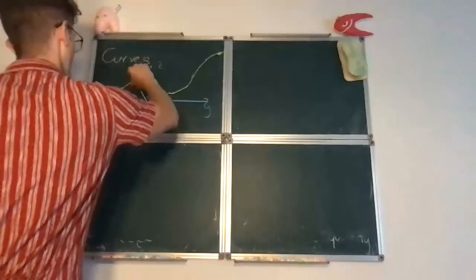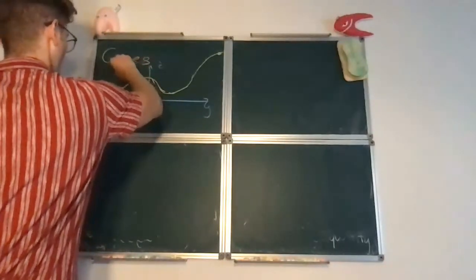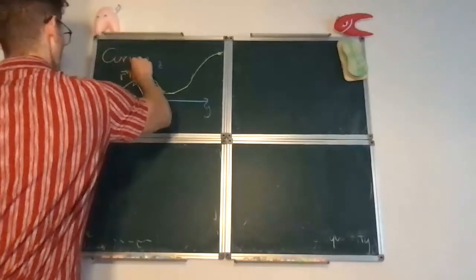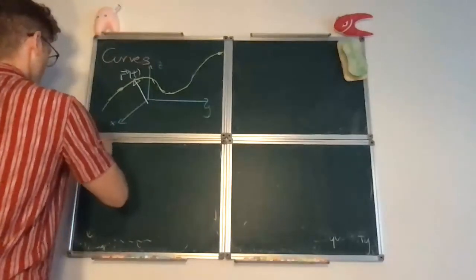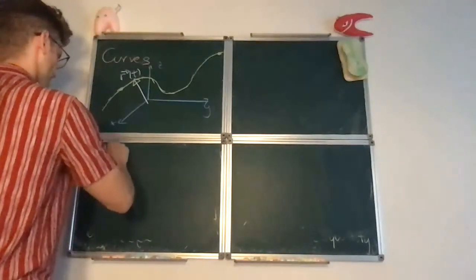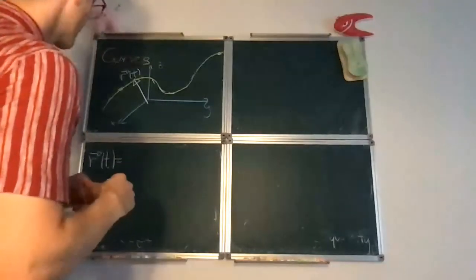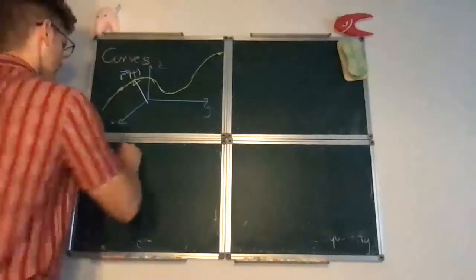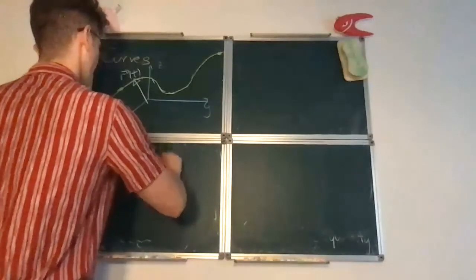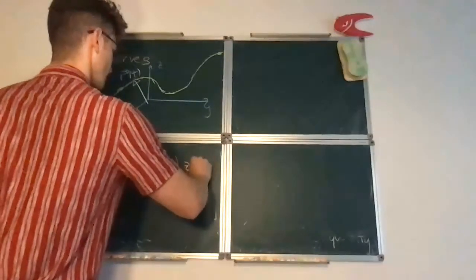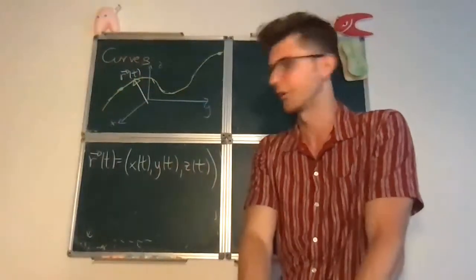So that means that you can specify a curve by a function of time, and in terms of coordinates, that just means specifying the individual x, y, and z coordinates of the particle.